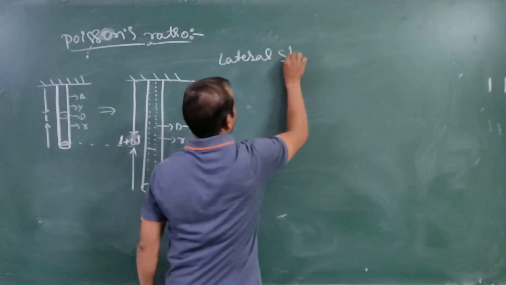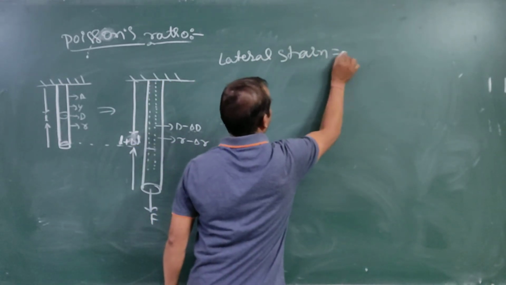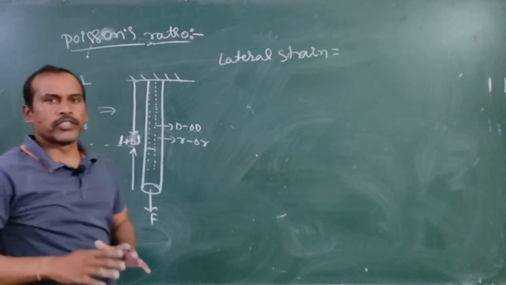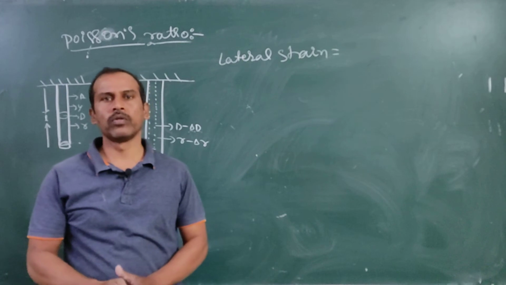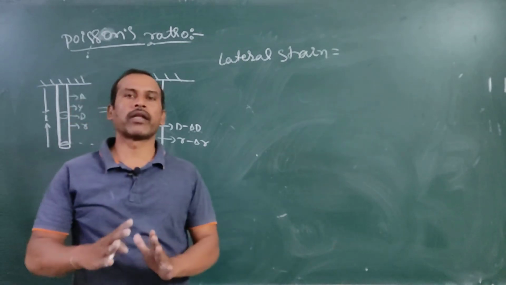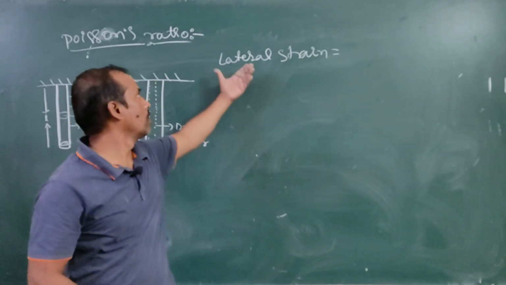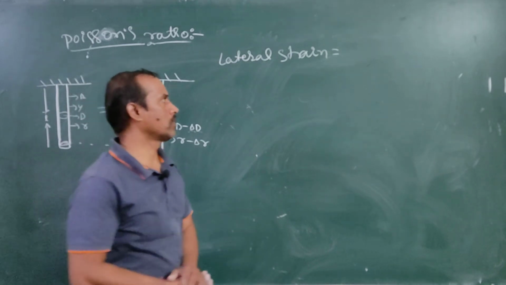Lateral strain means the ratio of the change in radius or diameter to the original radius or diameter is called lateral strain.